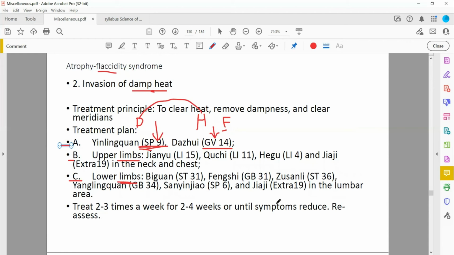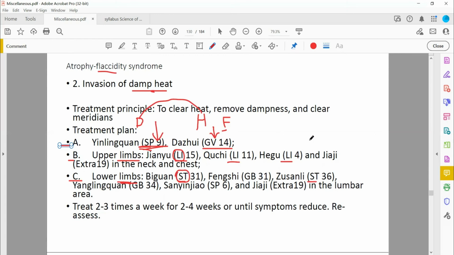And you will notice some points are from the large intestine and stomach. So why use those points? Why not use lung points, because there are many lung points on the arms too?